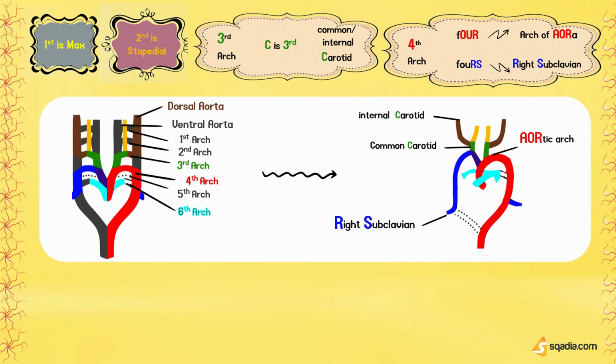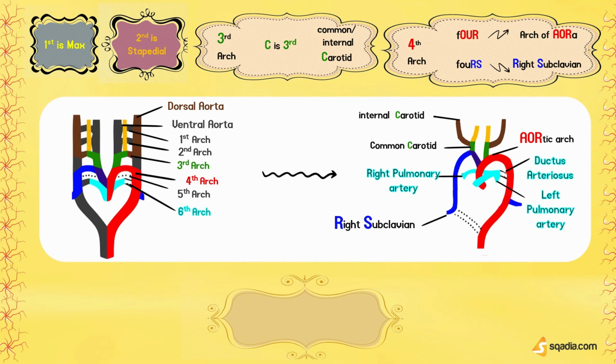Moving to the next mnemonic, for the sixth aortic arch. We know that aortic arch 6 of the right side gives the right pulmonary artery, and aortic arch 6 of the left side gives the left pulmonary artery and the ductus arteriosus.